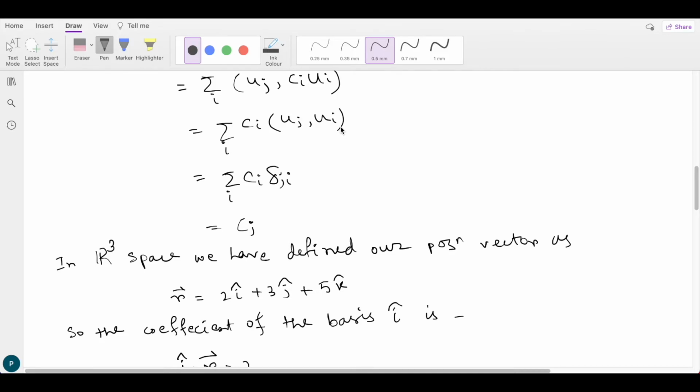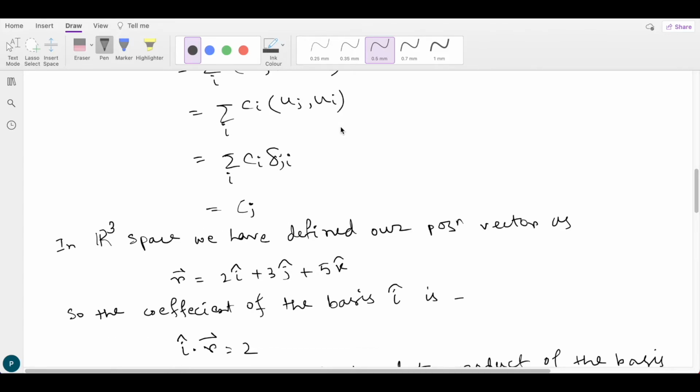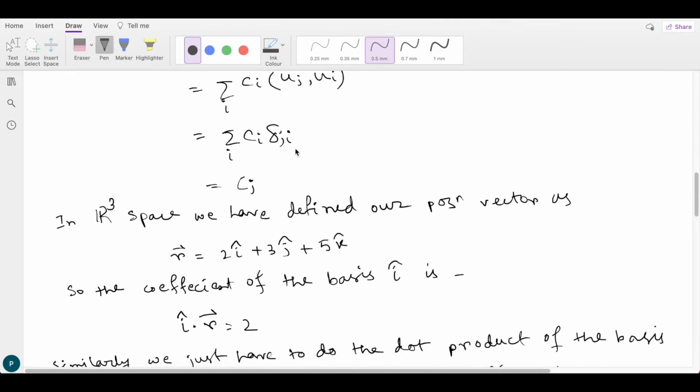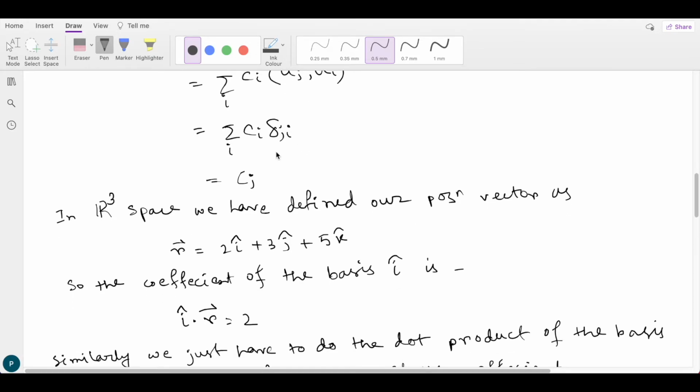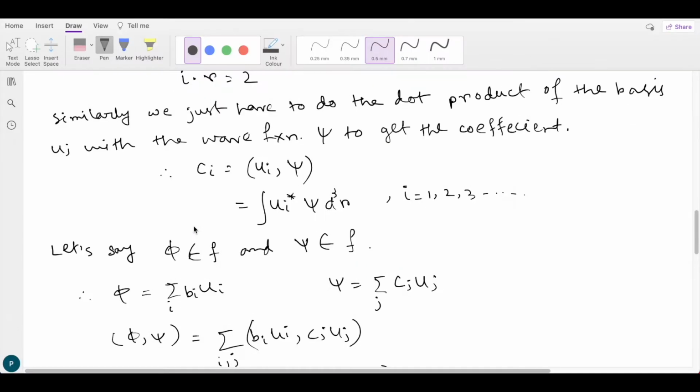So their dot product is 1 if both are the same and 0 otherwise. So they represent the Kronecker delta ij. And if we run the summation over i, all the terms vanish except when i equals j. In that case we get cj times delta jj, and we know that delta jj is 1, so we are left with cj.